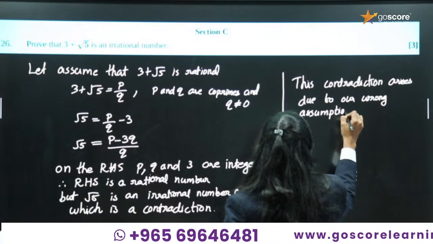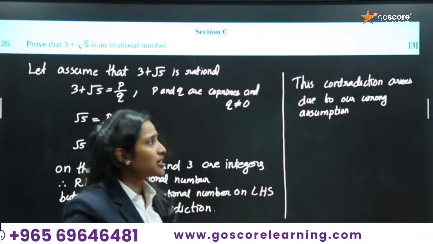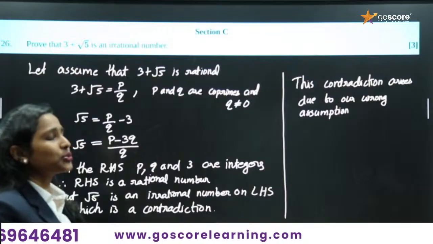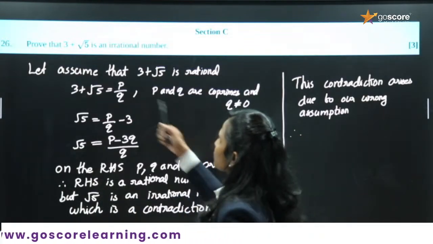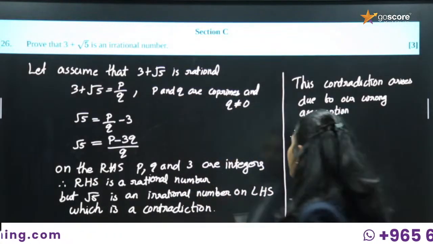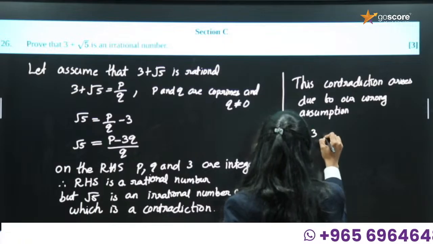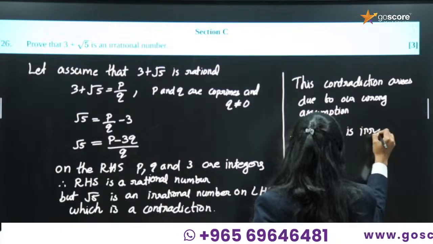If we assumed correctly, then we won't land upon a contradiction, right? So this contradiction arises due to our wrong assumption. Therefore, what we assumed, 3 plus root 5 is rational, is wrong. Therefore, 3 plus root 5 is irrational.